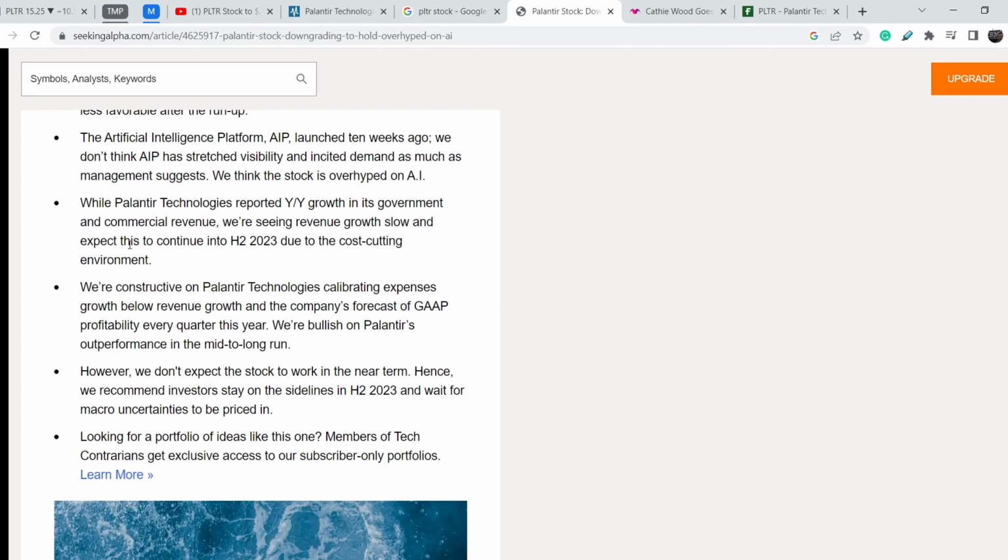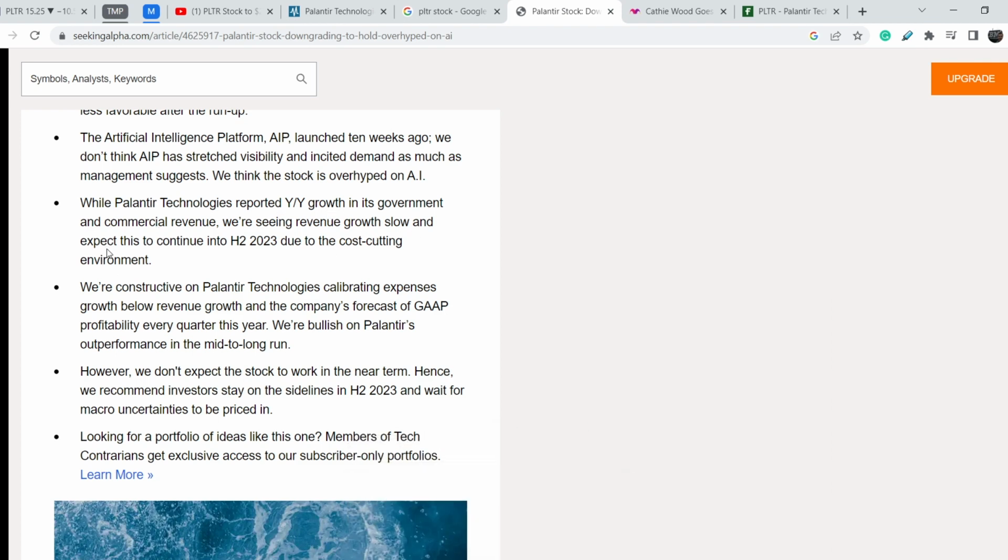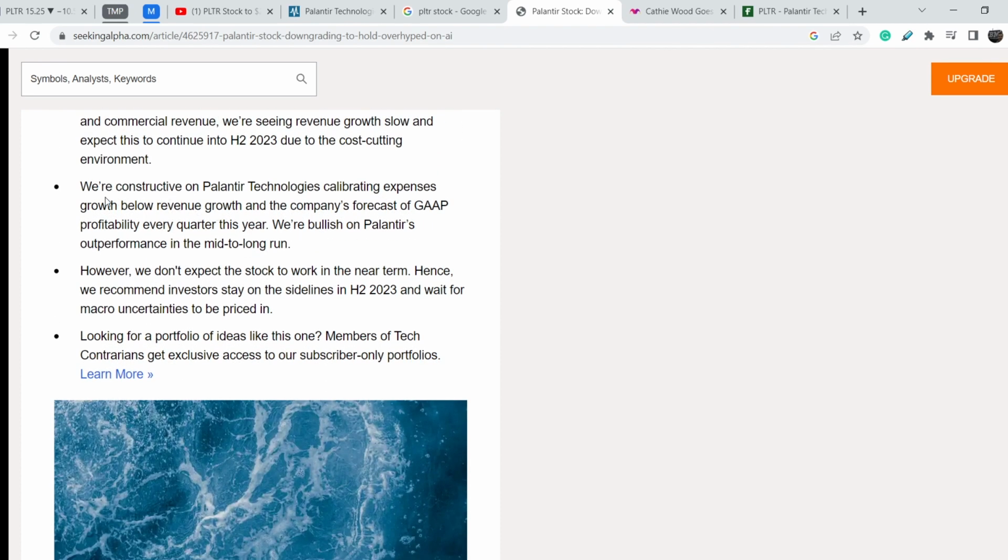While Palantir Technologies reported year-on-year growth in its government and commercial revenue, we are seeing revenue growth slow and expect this to continue into H2 2023 due to the cost-cutting environment. We are constructive on Palantir Technologies, calibrating expenses growth below revenue growth and the company's forecast of GAAP profitability every quarter this year.